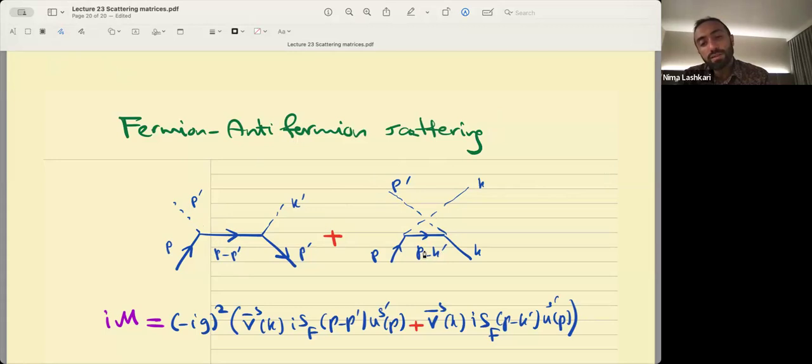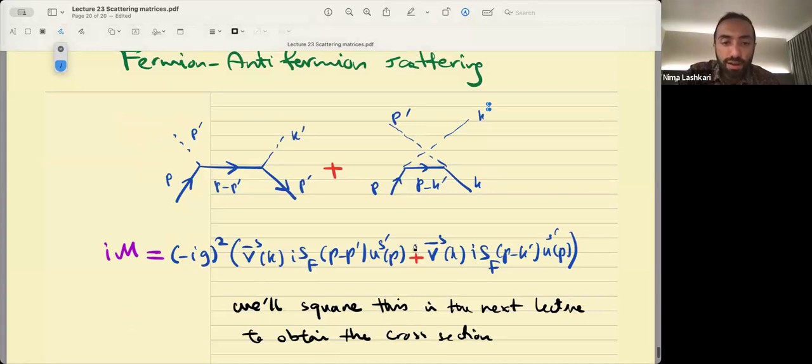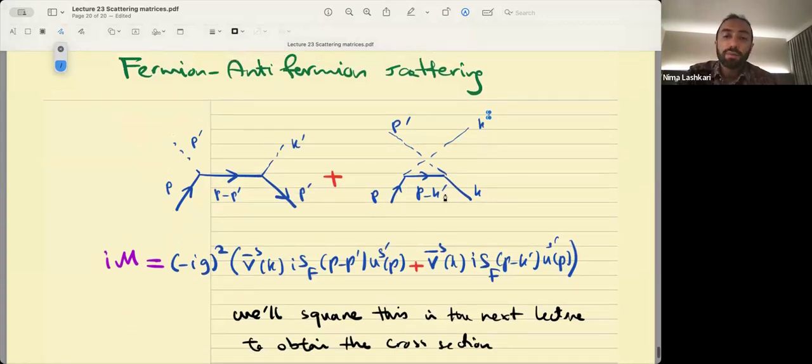So first of all, this is K prime, so this is K prime minus P. Anyway, I might have some typos here, but you know how to keep track of the diagram now, right? So there will be minus i g squared. That has to do with the fact that there are two vertices. Actually, I think these signs are correct, but you just have to be careful with the way that you're writing your expressions.